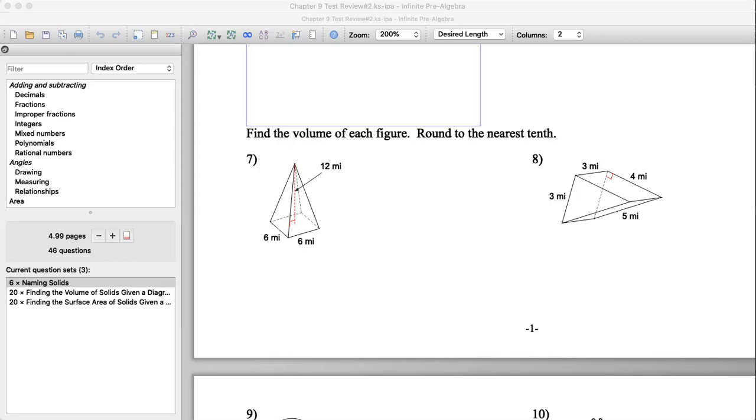Sure, go for it. All right, well, same thing we did last night. Formula first. I need help on surface area.